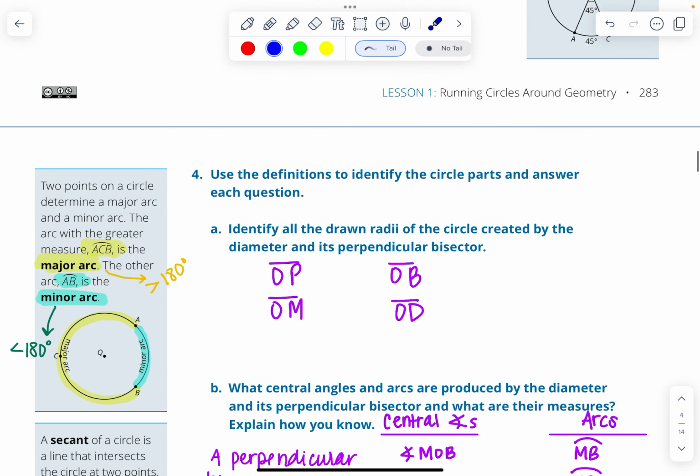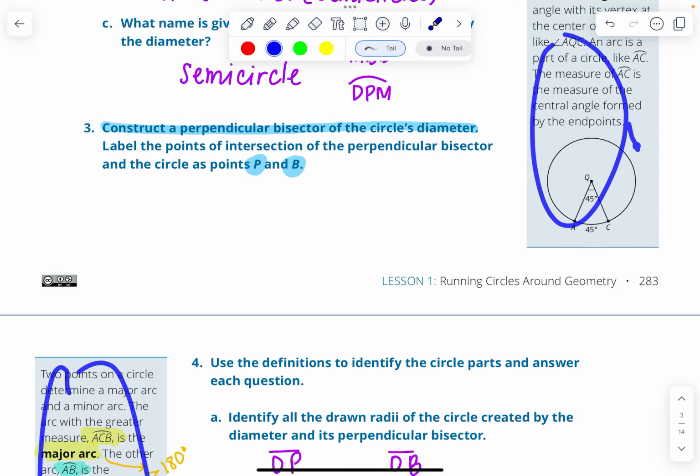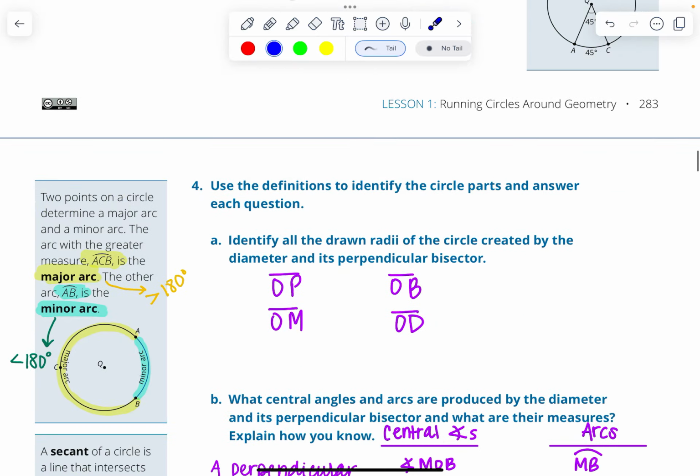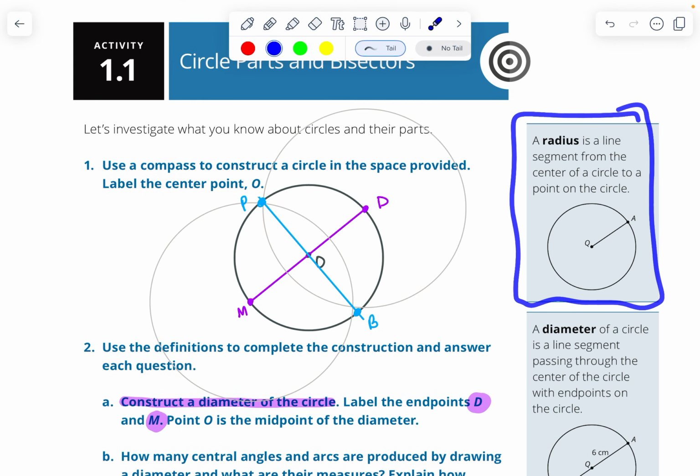All right, number 4, use the definitions to identify the circle parts and answer each question. So again, the definitions are here and then over here and up. Identify all the drawn radii of the circle created by the diameter and its perpendicular bisector. So radii, that would just be more than one radius.